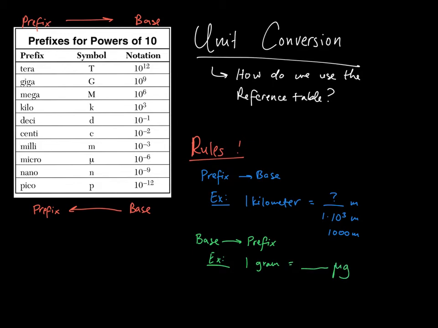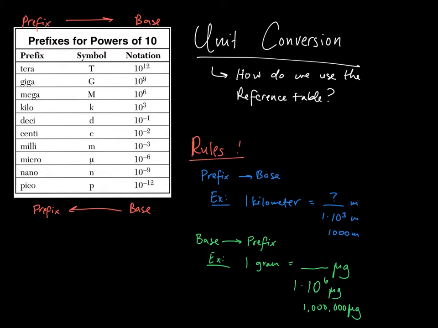So we take our 1 gram and we multiply it by this, but when we're going to the other side, you're going to change the sign of the exponent right here. So if we start with 1 gram, we're going to multiply not by 10 to the negative 6, we're going to multiply by 10 to the 6th. Okay? And so this should come out to 1 million micrograms, which is correct. Okay?